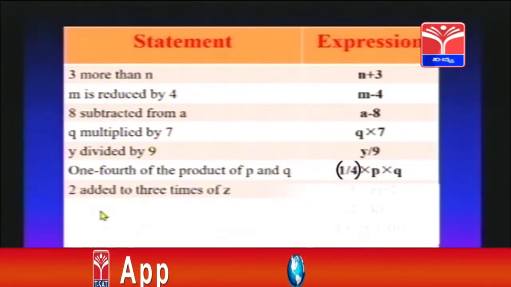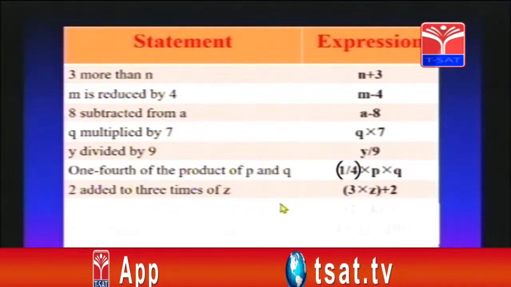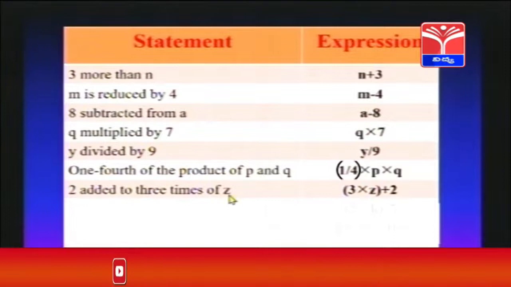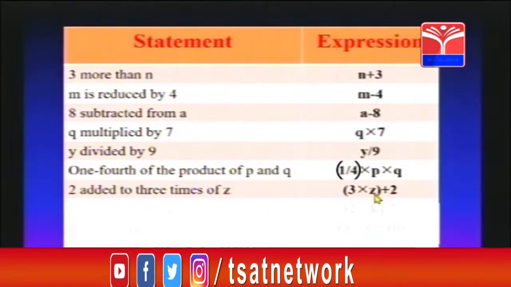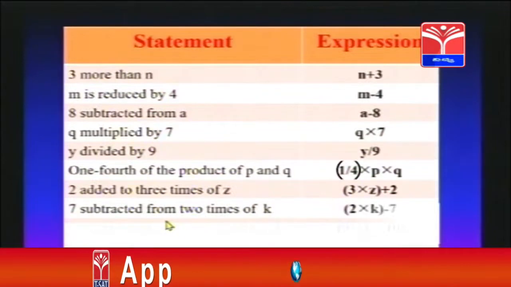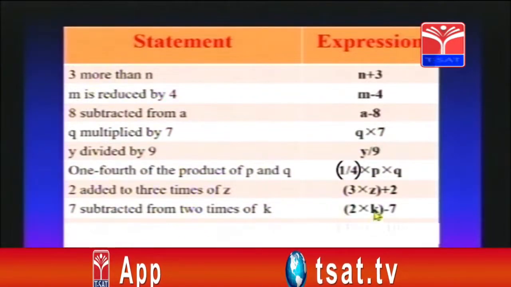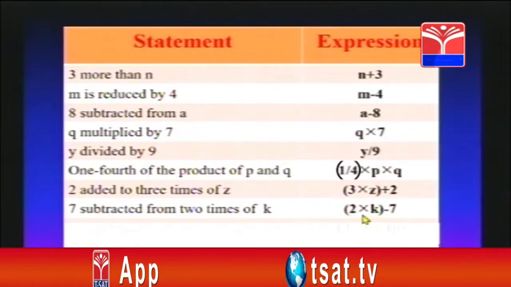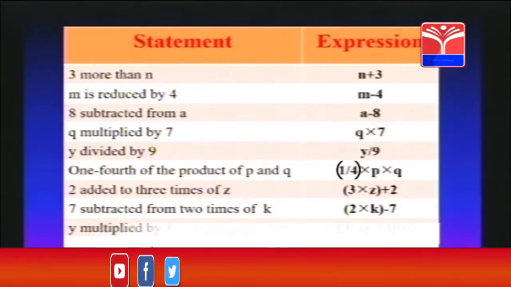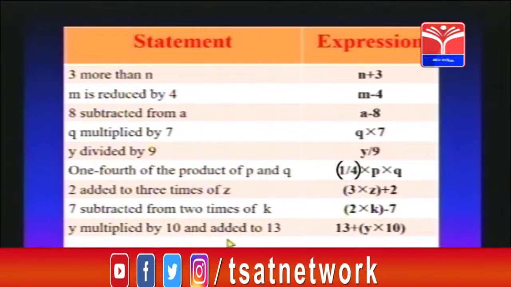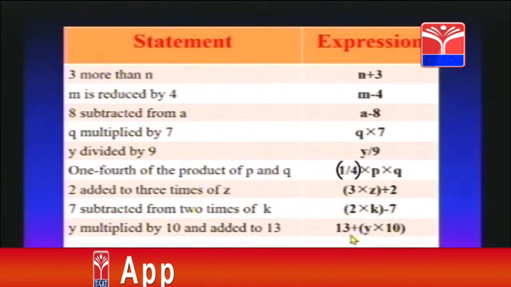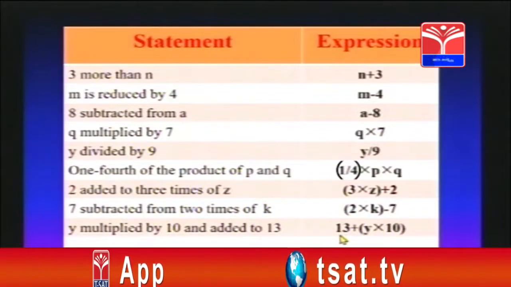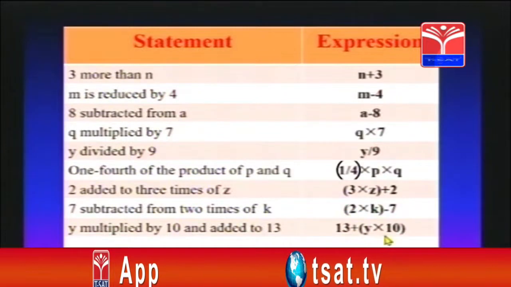Next one, 2 added to 3 times of z, that is 3 times of z can be written as 3 into z, times means into, so 3 into z plus 2. 7 subtracted from 2 times of k, that is 2 multiplied by k minus 7. y multiplied by 10 and added to 13, that is y into 10, and this expression is added to 13. So we can express it as 13 plus y into 10.